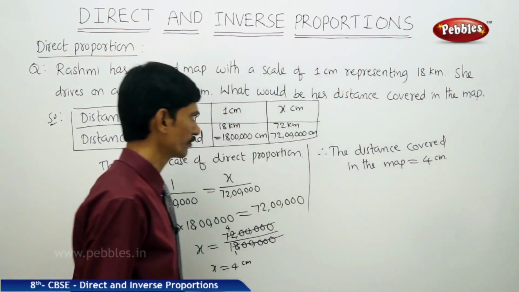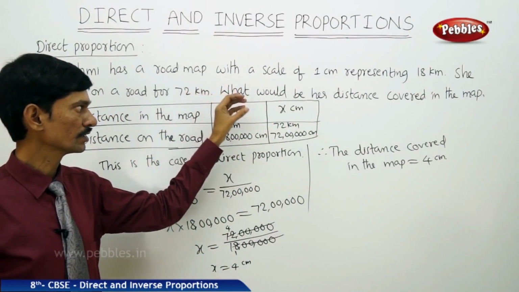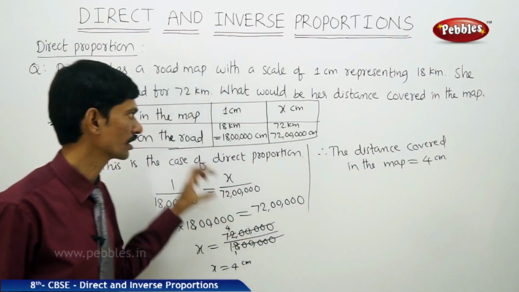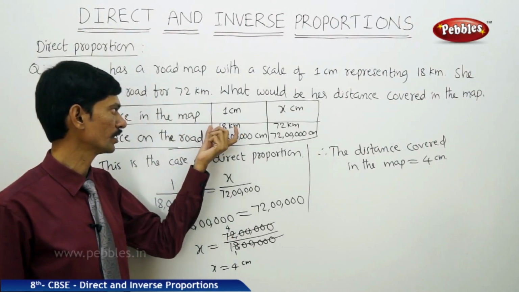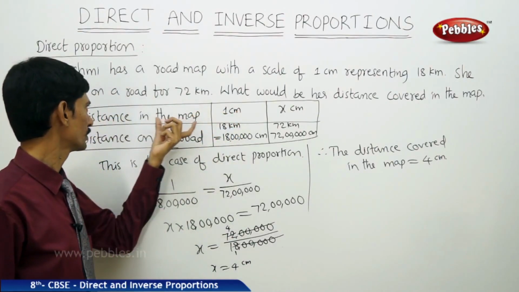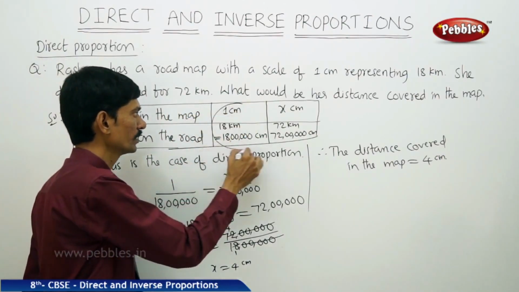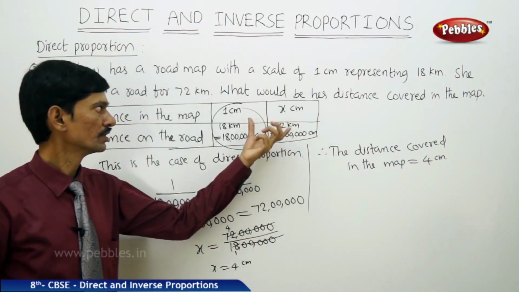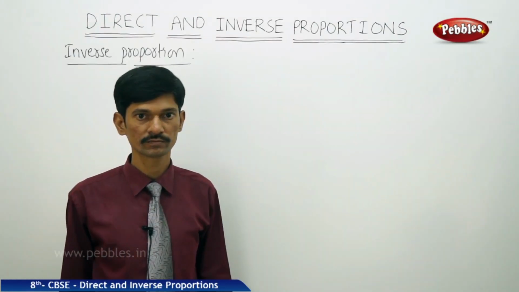When she drives 72 kilometers on the road, the distance covered in the map is 4 centimeters as per the given scale. When the distance on the road is 18 kilometers, the distance on the map is 1 centimeter, so with this scale, when she drives 72 kilometers, the distance covered in the map is 4 centimeters.